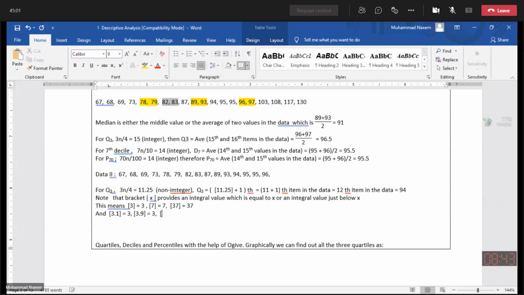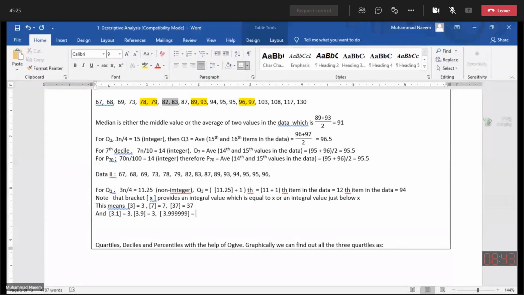Even if we apply the bracket function to a non-integral value like 3.9999, it is still non-integer.